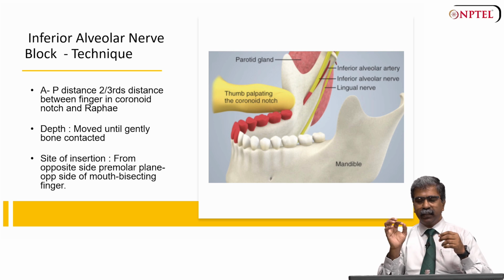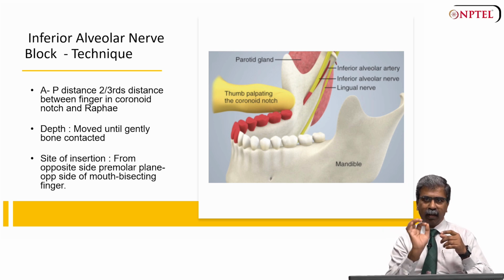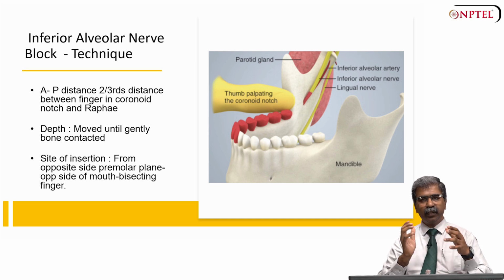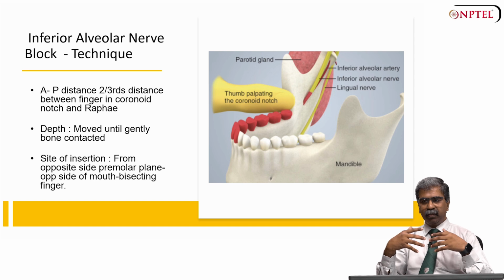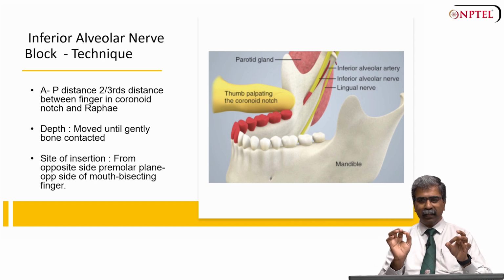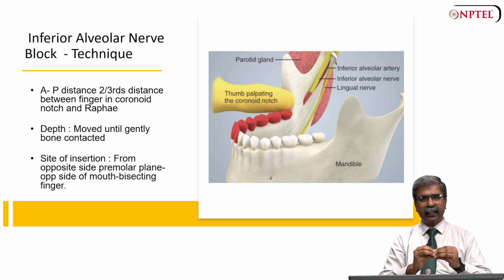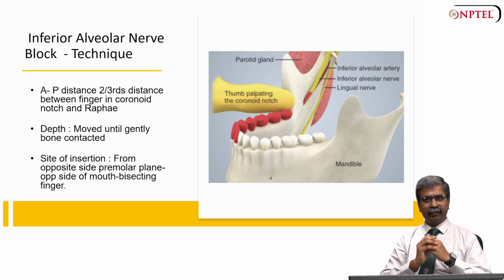And once you're experienced enough, you will definitely know where the needle is because as you know, it's a blind procedure. You'll not be able to visualize where the needle is, but with the tactile feel, you will know exactly where your needle is going to be.